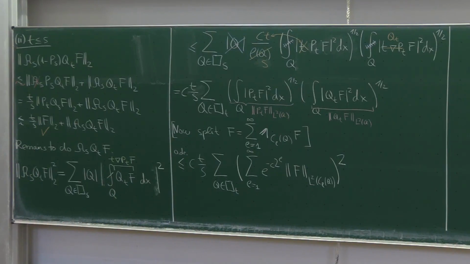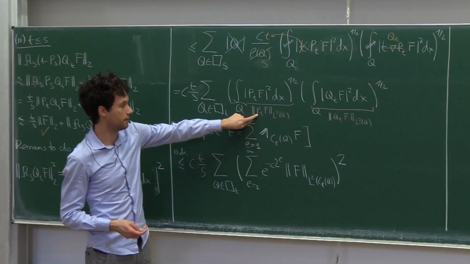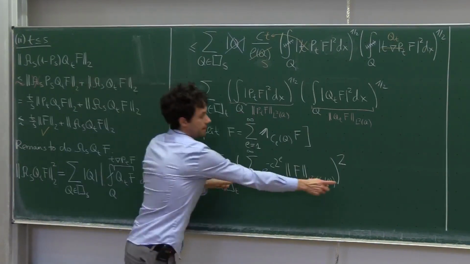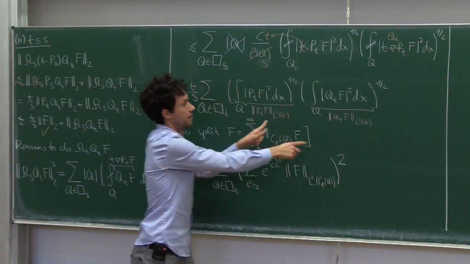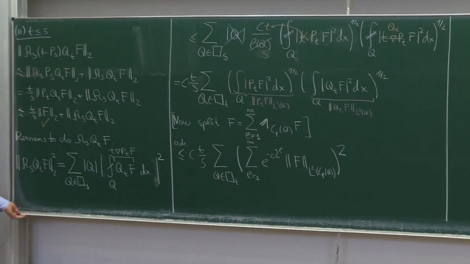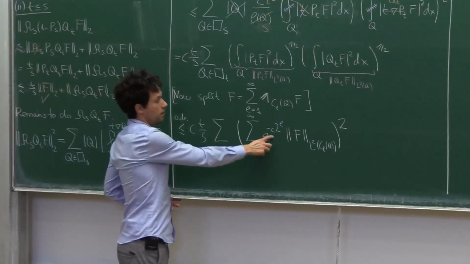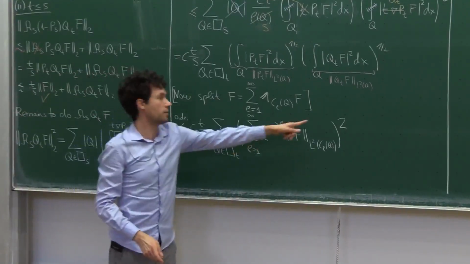You see it? Use the triangle inequality, put the f in here, use the triangle inequality in the off-diagonal estimate. It gives you a parenthesis of this type for this guy and for this guy too, so you get it squared. And then you're in business, because this is an estimate that you know how to do. You would use Cauchy-Schwarz in the L direction to put the square inside.